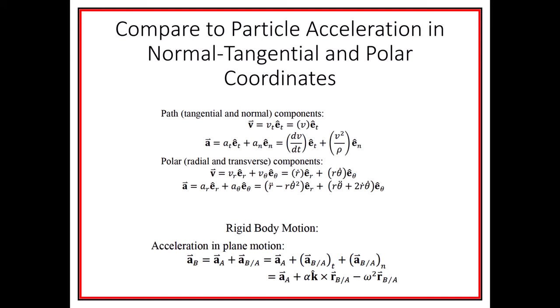Okay, well, here was actually my slide where I was doing all that comparison to normal and tangential and polar coordinates. But I already talked about the polar coordinates, and we could see right here that this doesn't extend, and that doesn't, R dot doesn't exist, and R double dot doesn't exist. But by the way, in Coriolis acceleration, we bring them back in, and they do actually appear again.